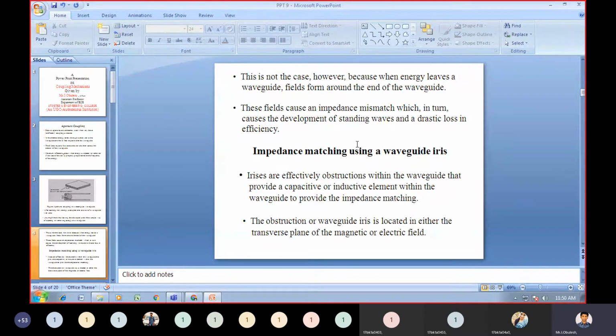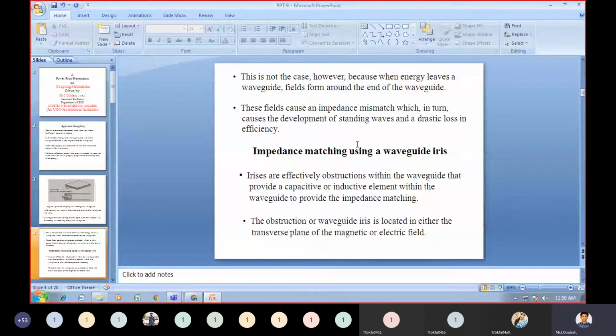These obstructions are waveguide irises. Impedance matching using waveguide irises is done by locating the iris in either the transverse plane of the magnetic field or the transverse plane of the electric field.